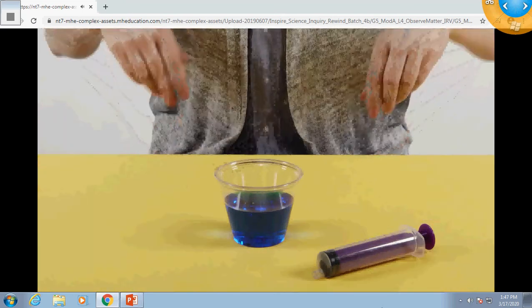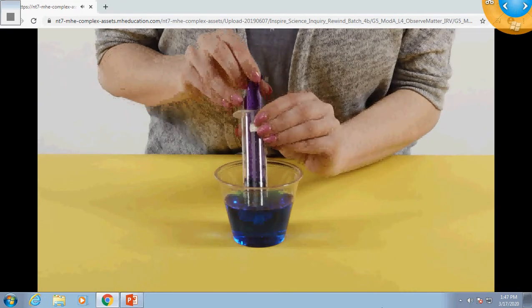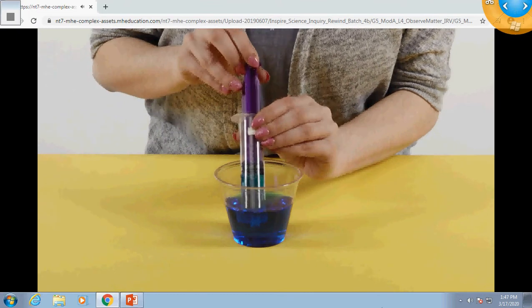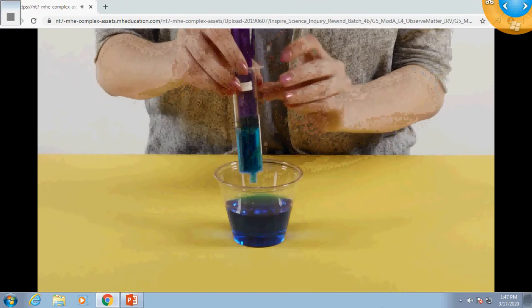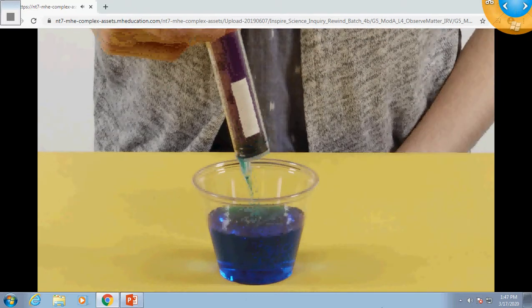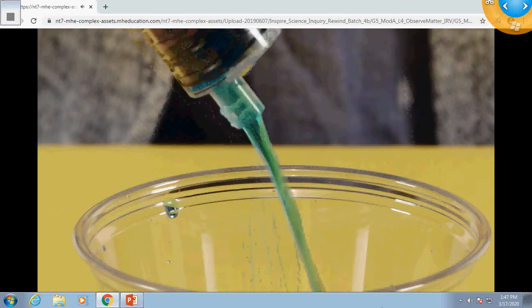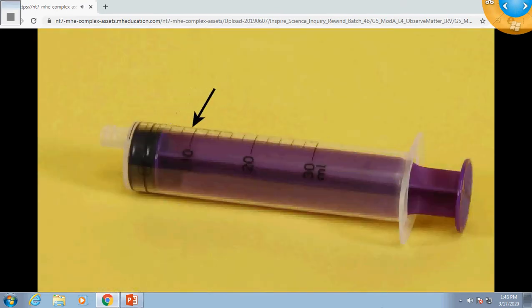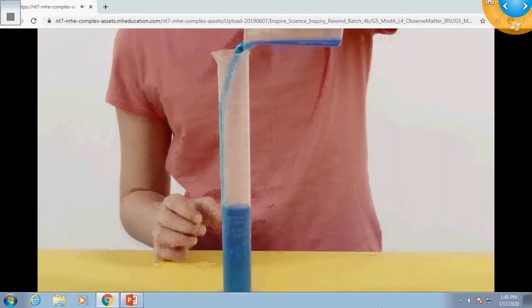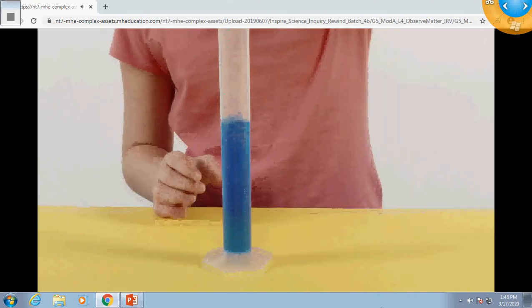The direction the plunger is moved determines the direction the fluid will move. If you pull on the plunger, then fluid is pulled into the barrel. If you push on the plunger, then fluid is pushed out of the barrel. The tip of the syringe is where fluid enters or exits the barrel. Finally, most syringes have a scale for measuring the volume of fluid in the barrel. This is very similar to the way the graduated cylinder has a scale you can use to measure volume.